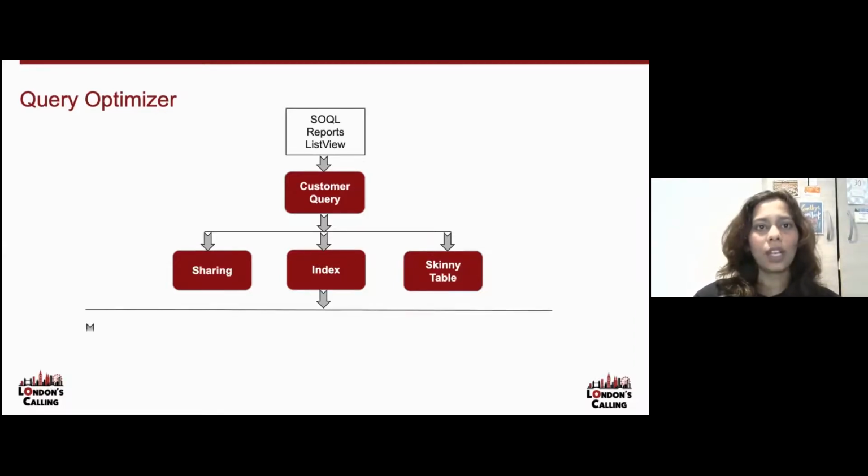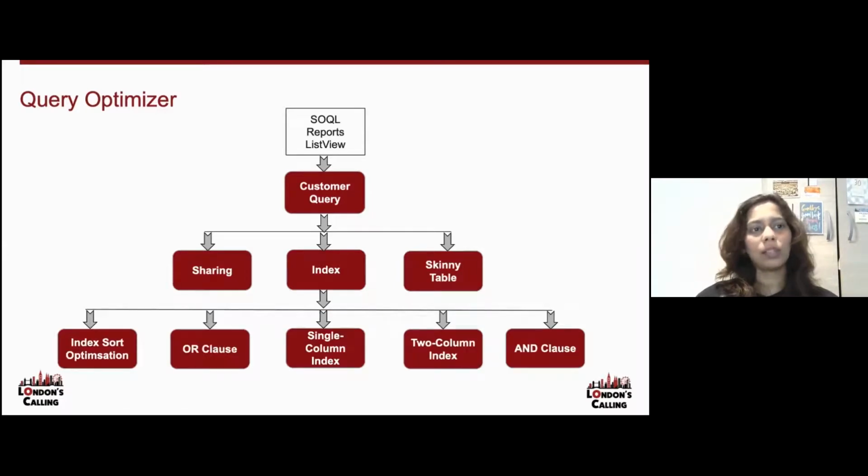Cool. So for indexing, there are multiple things: index, sort optimization, OR clauses, single-column index, two-column index, and AND clause. We are going to talk about it in the next slide.